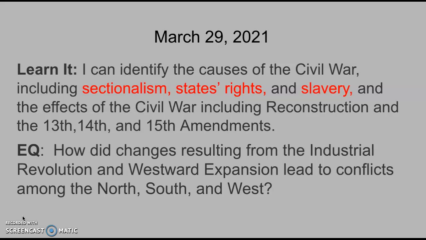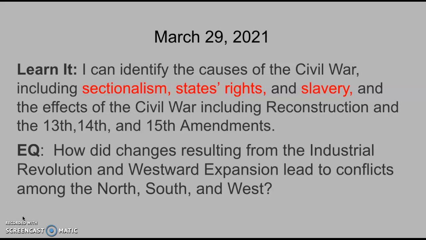Constitution. Our essential question for today is, how did changes resulting from the Industrial Revolution and westward expansion lead to conflicts among the North, South, and the West? So if you recall, with westward expansion, we had tens of thousands of people moving westward in pursuit of a variety of goals, whether it was to get rich quickly by finding gold in California and other places where minerals were discovered, or precious gems, for example, as well.